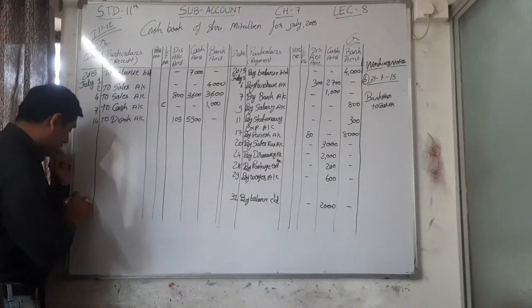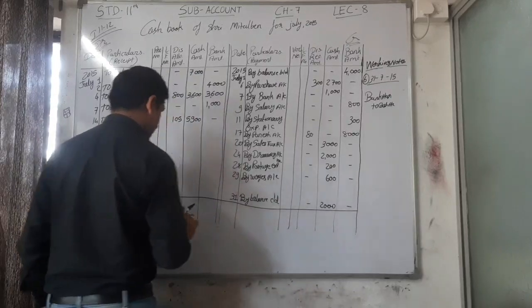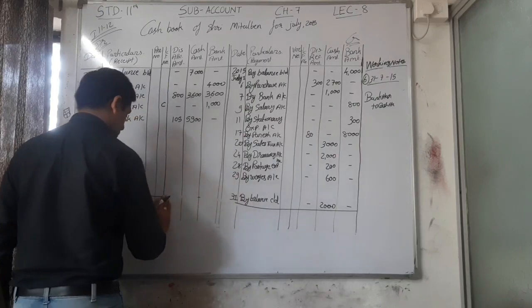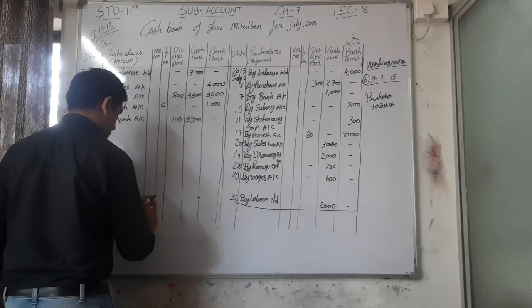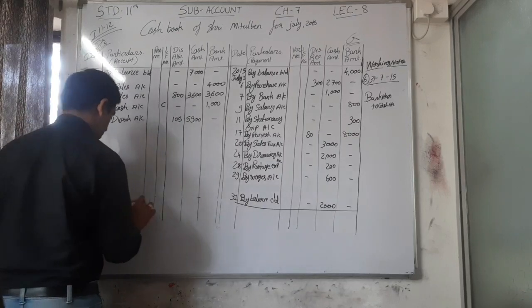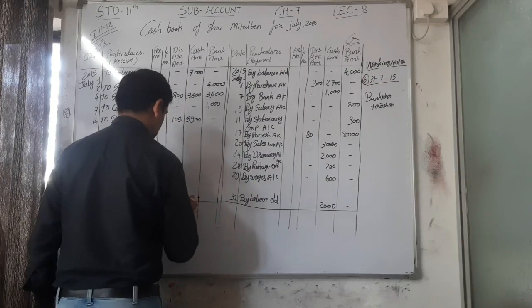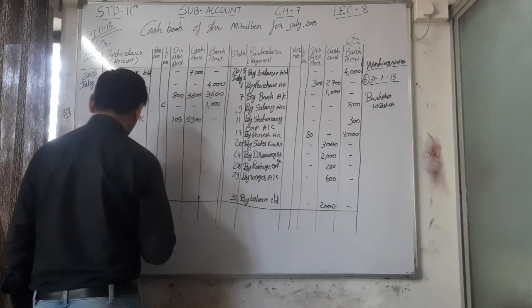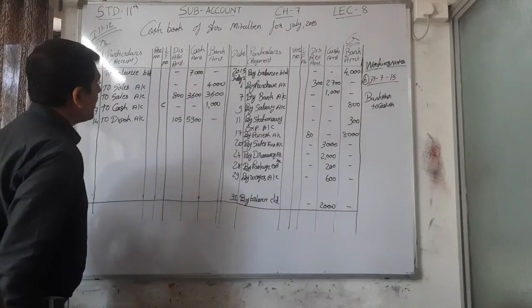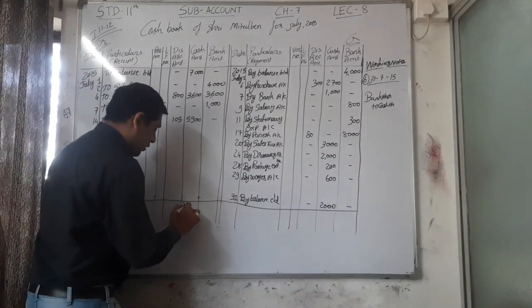Now make the total first. Okay, so first of all, the cash column debit side total is 16,500.